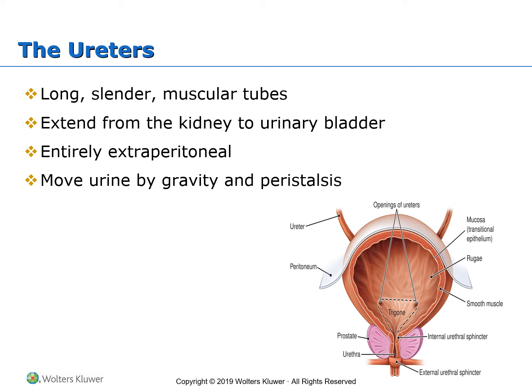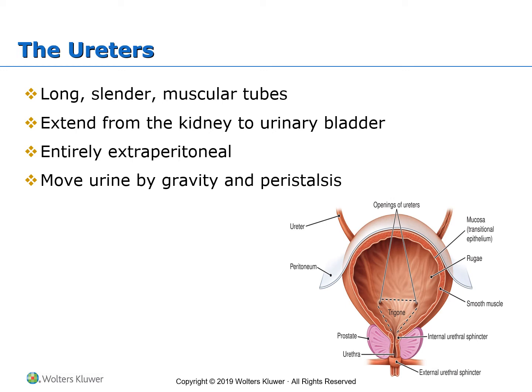If you please take a look at the image on the bottom of your screen, you can see, looking from the inside of the urinary bladder, two lines that are joining from the ureters that you can see up on top, kind of joining the openings down on the lower part of the urinary bladder.